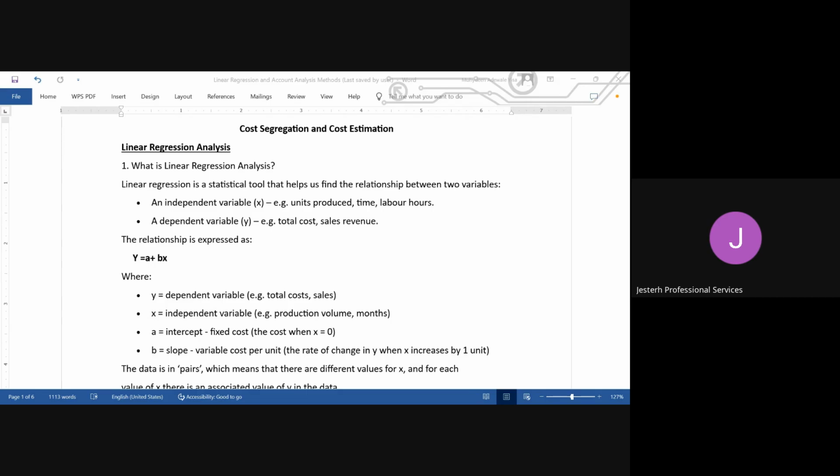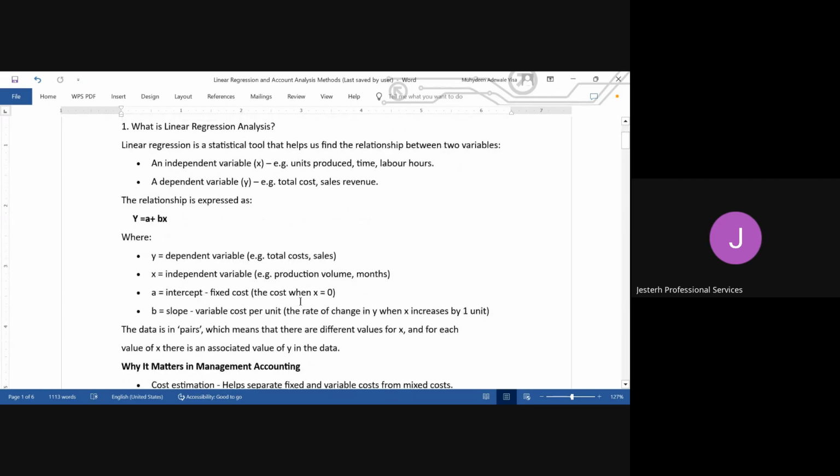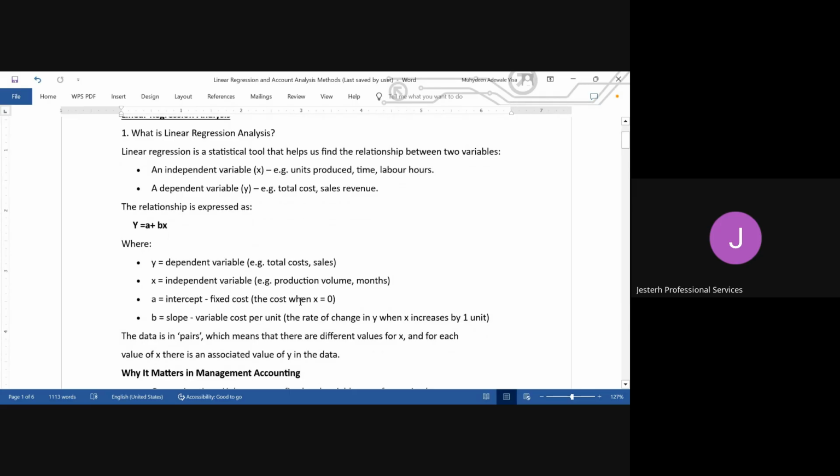In this linear regression, it is more broad. We use all the available information provided to determine our cost functions.